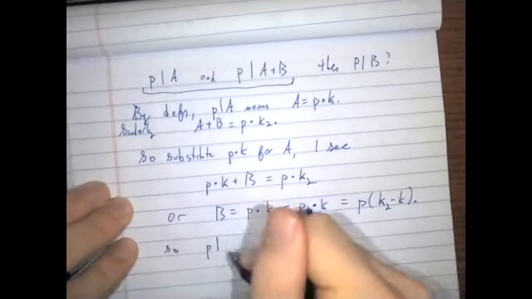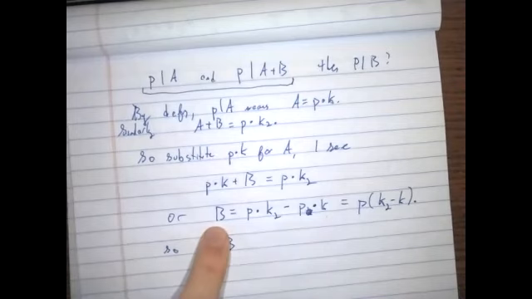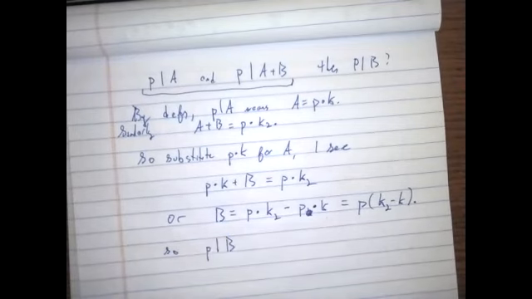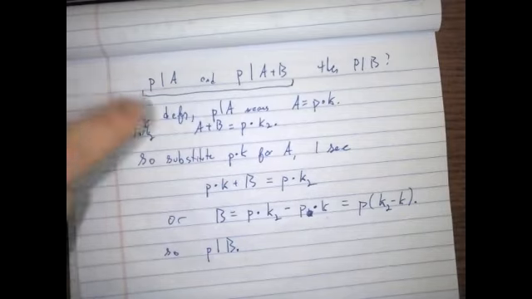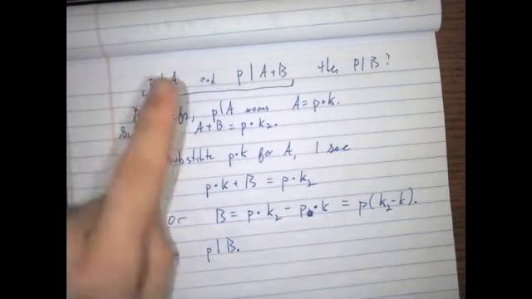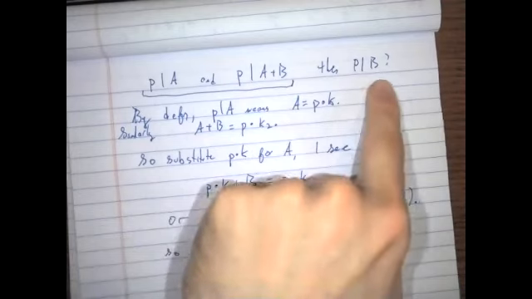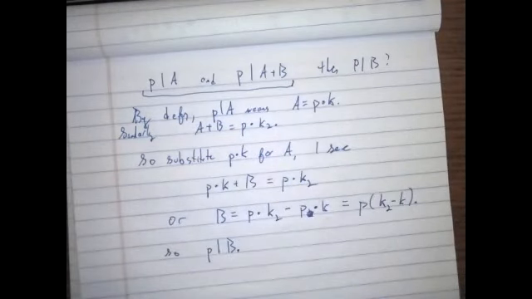So P divides B because B is equal to some integer times P. And here I didn't use that P was prime at all. This is for division: if any integer divides A and divides its sum, then it divides the other summand.